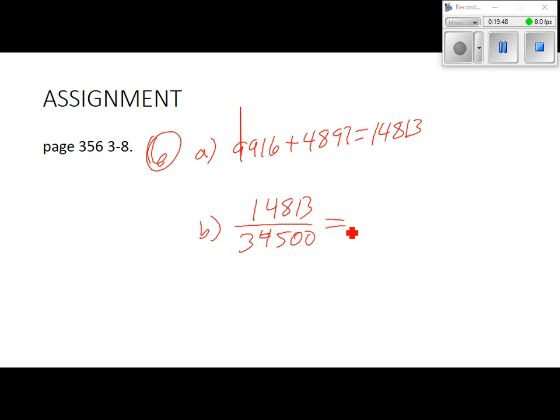What's that come out to be? How many cents? 43 cents. Total cost, how much it costs per mile to drive that car.